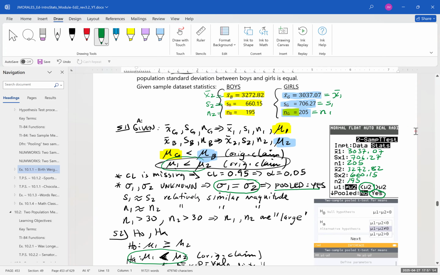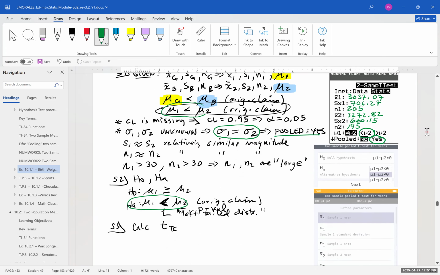All right. Now that's for the Texas Instruments calculator. For the NumWorks, you want to make sure that we do a test for two sample means, but choose a pooled t-test. All right.